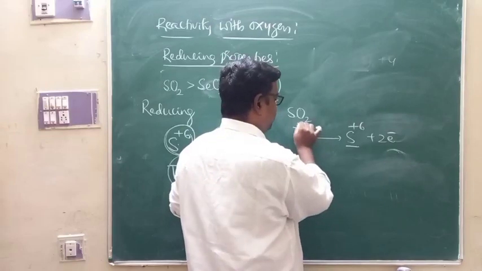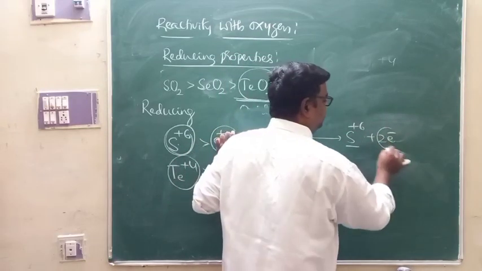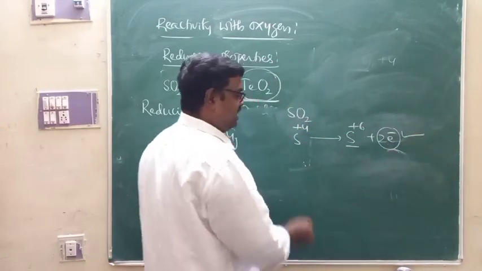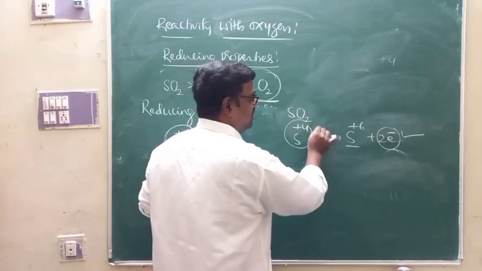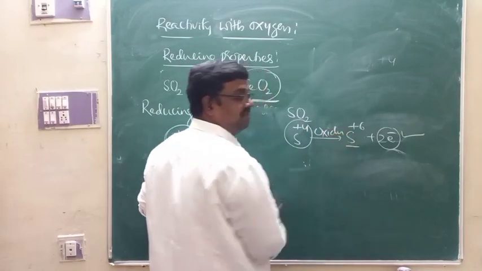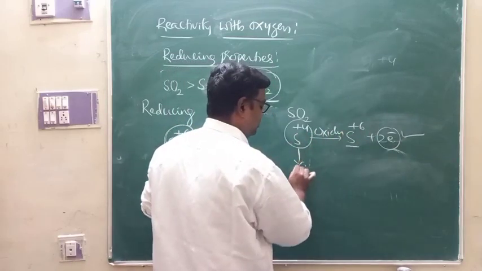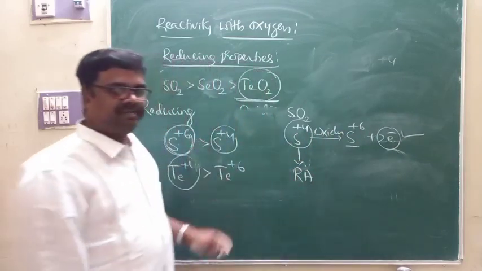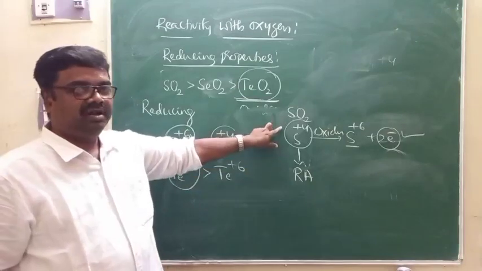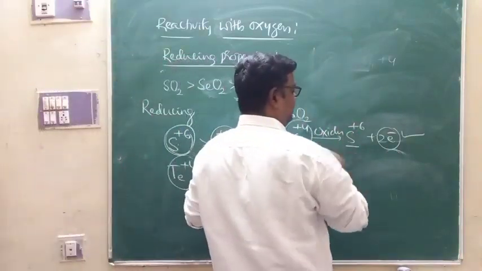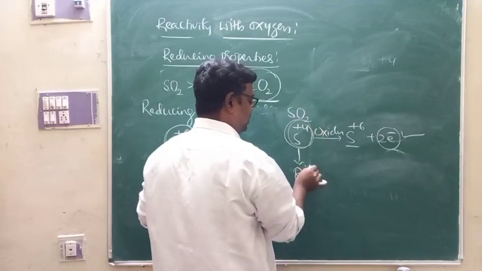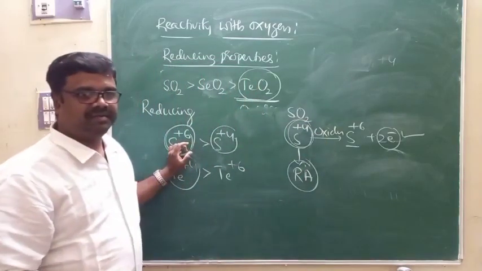When +4 is converted to +6, 2 electrons are removed. That means S +4 undergoes oxidation. I said anything that undergoes oxidation is a very good reducing agent. As +4 is readily converted to +6 by oxidation, S +4 is a very good reducing agent.